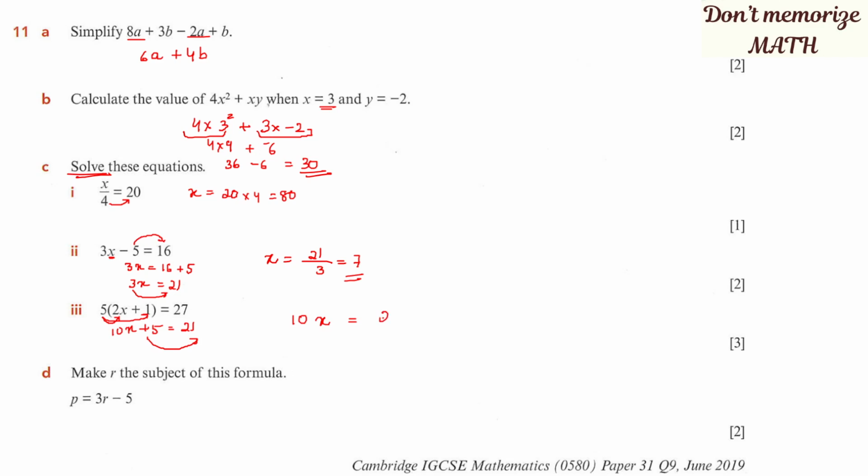So 10x is equal to 27 minus 5. 27 minus 5 is 22. So we'll get 22. So x is equal to 22 over 10, that is 2.2.